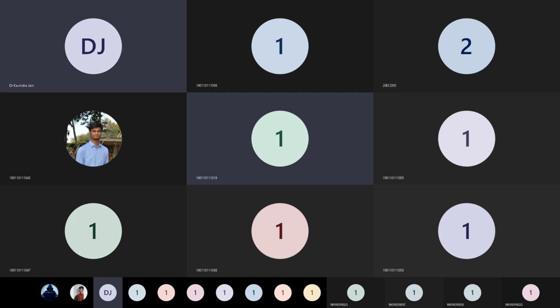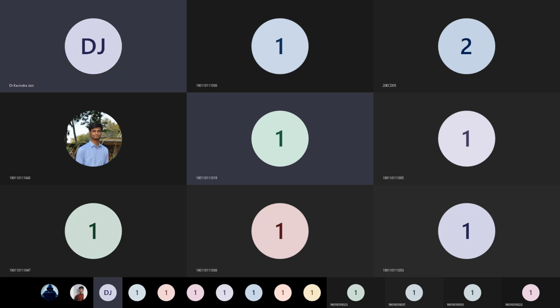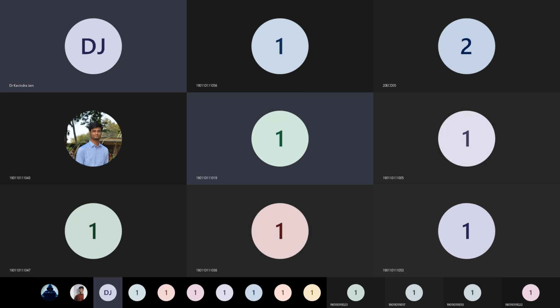Plus 1, that is 1.0001. So it is 1. Square root of 1 is 1. So 2 upon 1 is 2. So gain magnitude is 2.